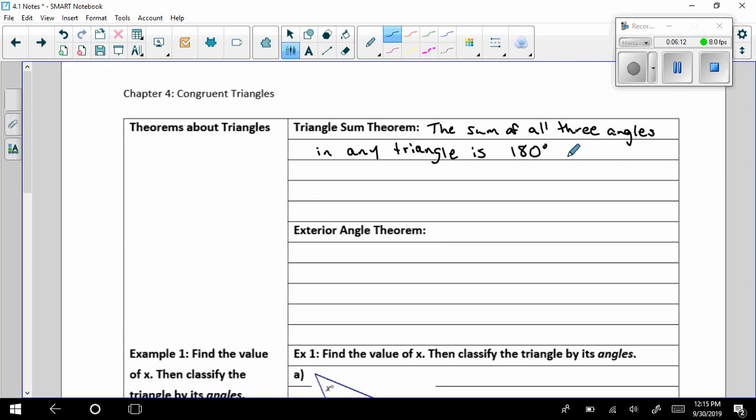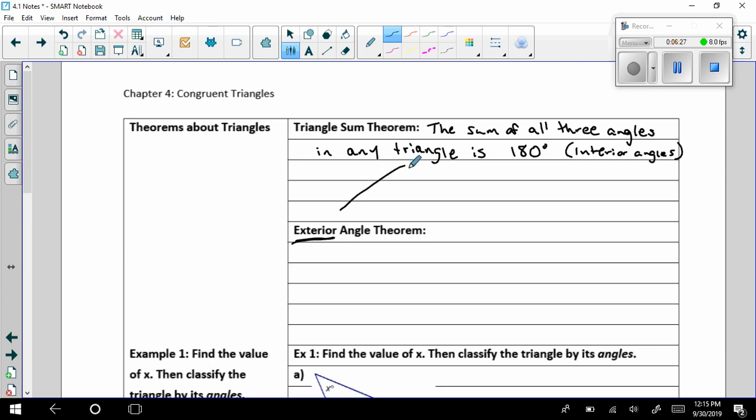This is referring to interior angles. Right, and we will specify again down here. You can see exterior angles. We'll talk about the difference between those two.